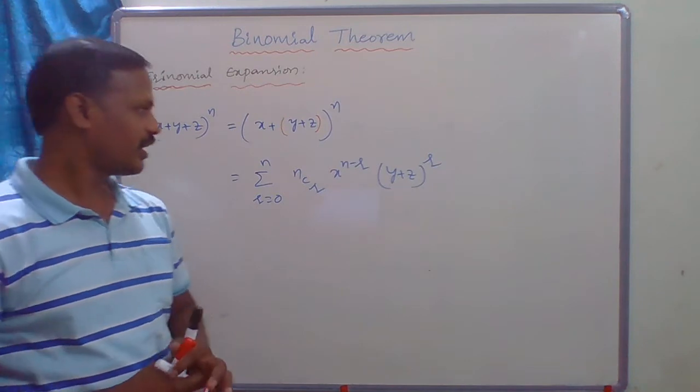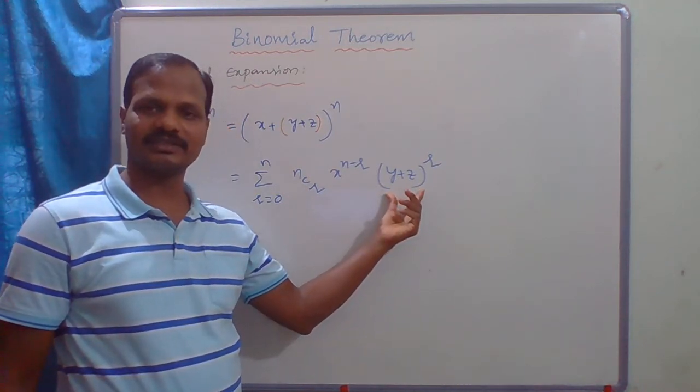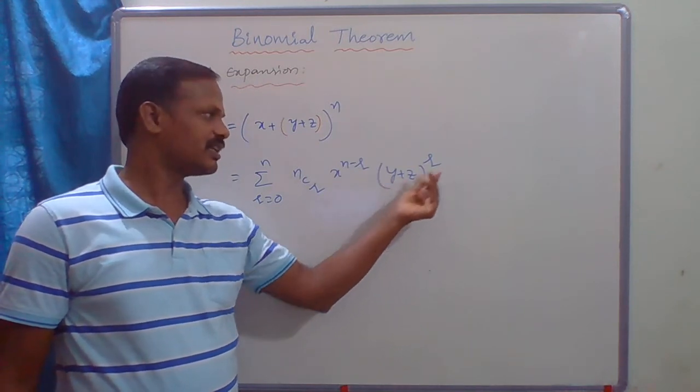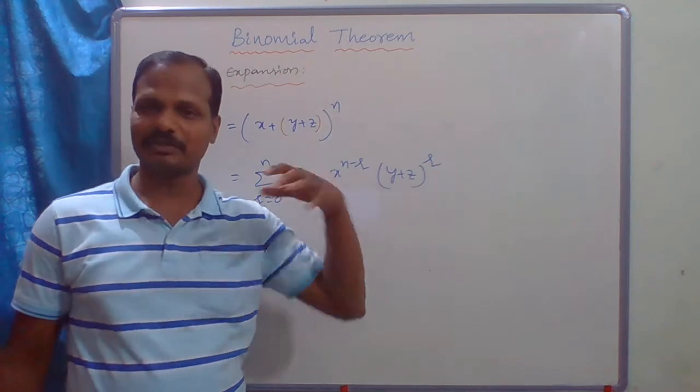Clear? Now again you have to apply the binomial expansion for (y plus z) whole power r, where n is now r, using (x plus y) whole power n.